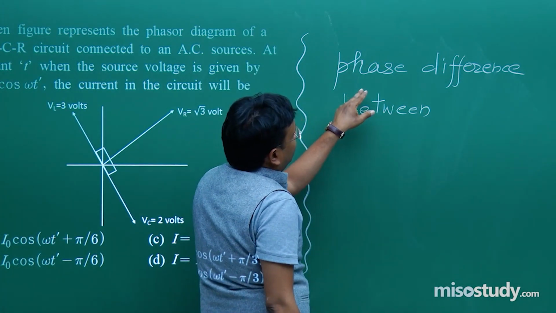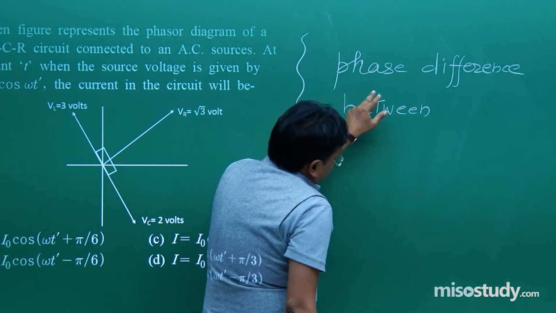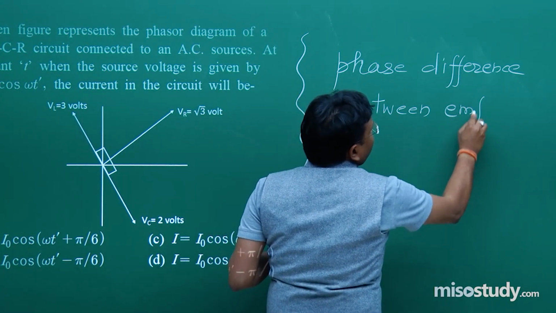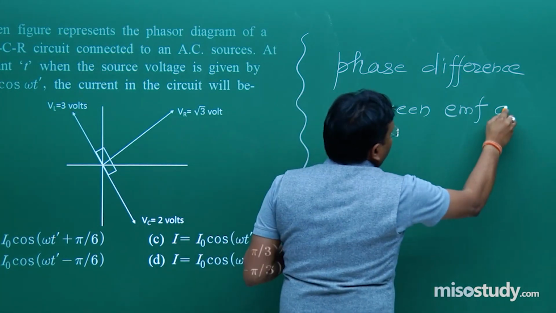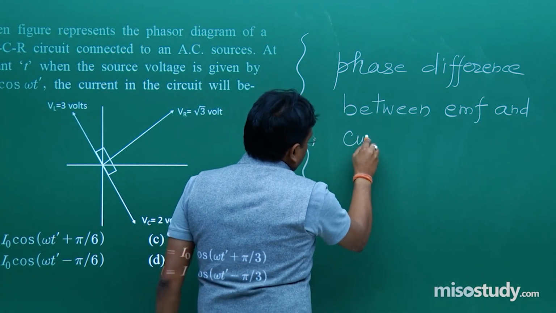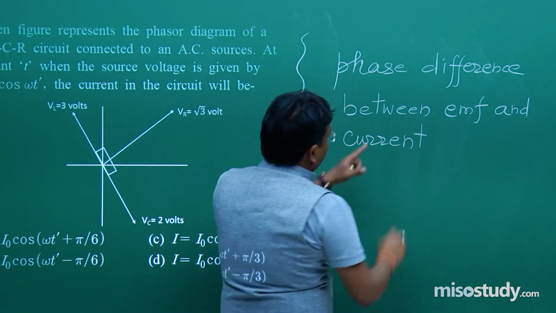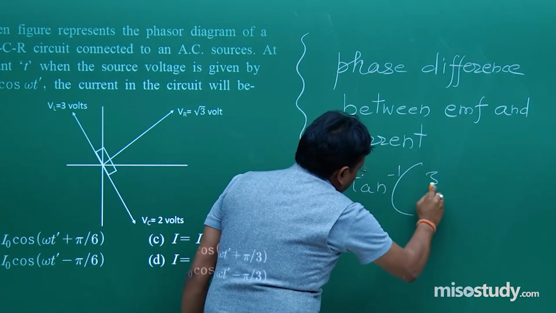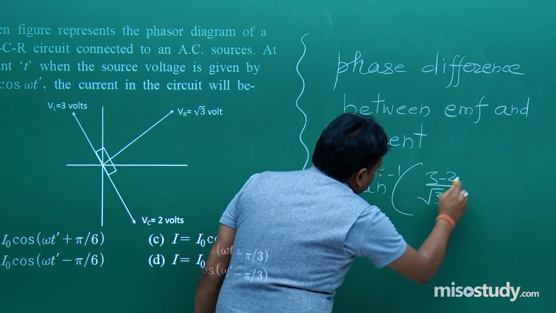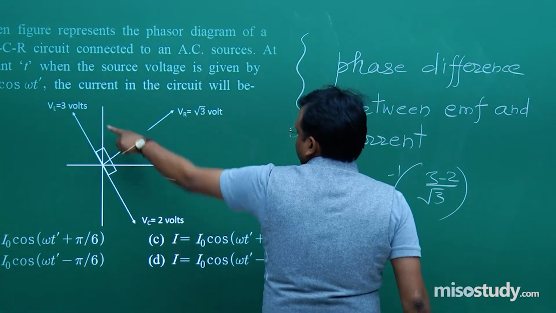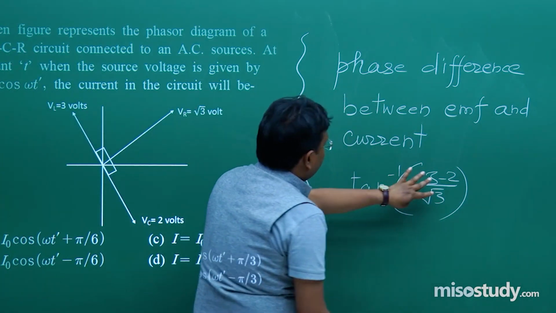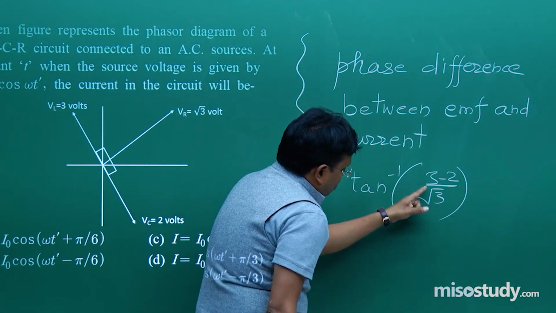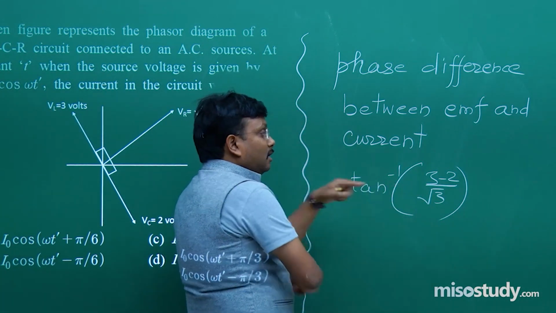So I am providing a very short explanation, that is the phase difference between EMF, electromotive force, and current. The phase difference between EMF and current is tan inverse of (3 minus 2) upon root 3. Values are given over here, every value is given. I am not doing anything great, I am simply putting the values in the formula which are given in this diagram. So tan inverse of (3 minus 2) by root 3, and it will give you how much?